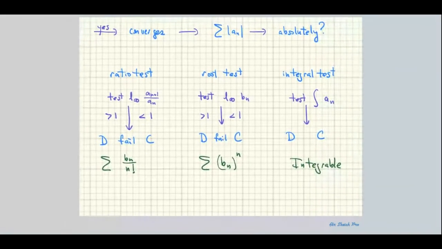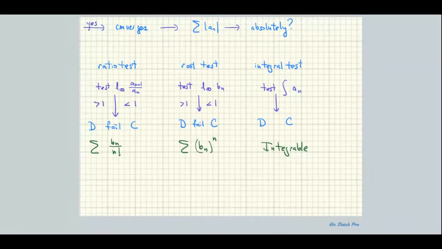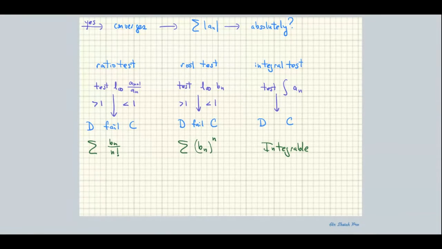Now, sometimes you're going to see as well the terms themselves look like something taken to the power n. Okay? Everything goes up to the power n. And that's when you use the root test. Like the ratio test, you're going to test the inner thing, but not the ratio this time, just the thing that's being taken to the power. You're going to test the root.